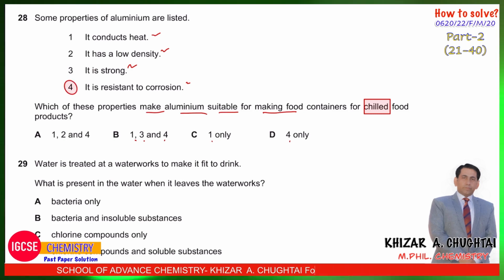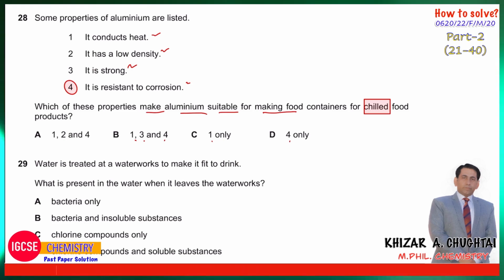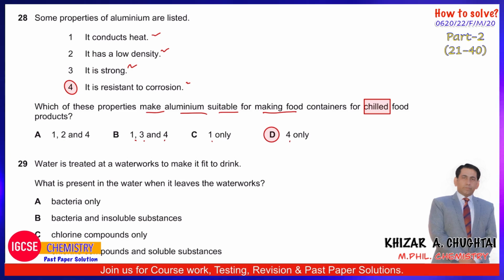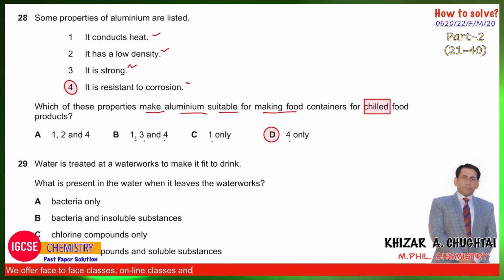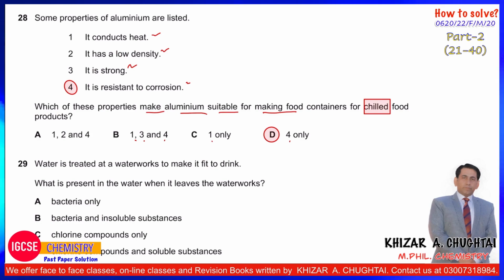It should be resistant to corrosion. So D is the correct option. In this particular situation, where you are going to keep chilled food in a container containing a high quantity of moisture, the container material should be resistant to corrosion.